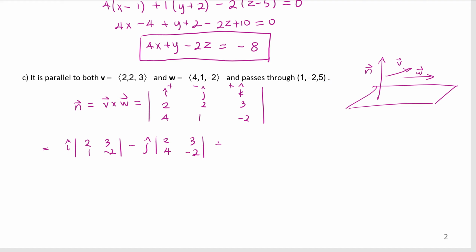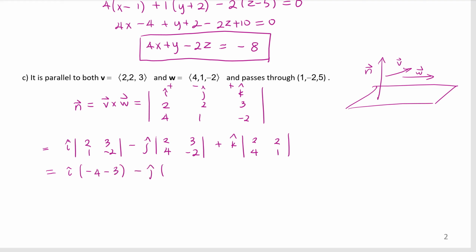I hope you're familiar with calculating determinants. Each time we delete the corresponding row and column and get the minor determinant of the submatrix. So this is i: 2 times negative 2 is negative 4, minus 3 times 1, 3.